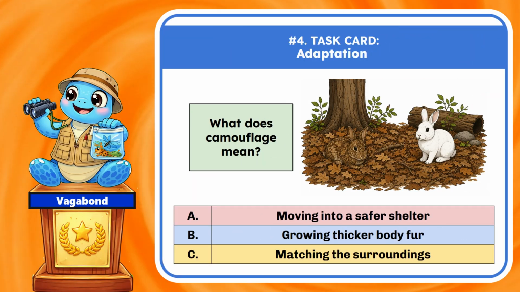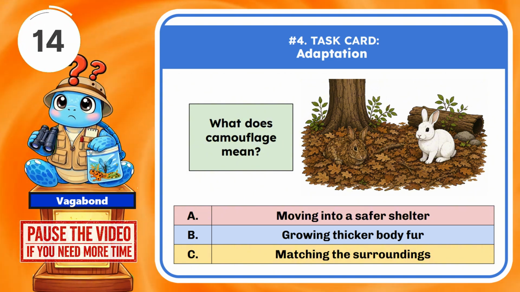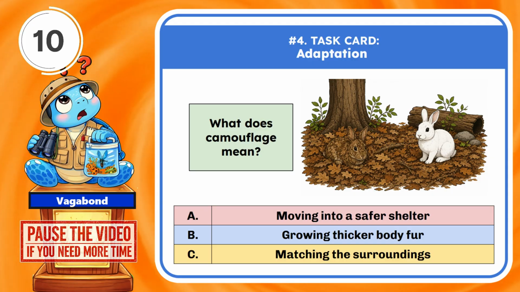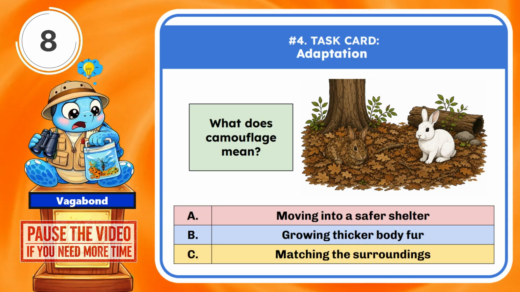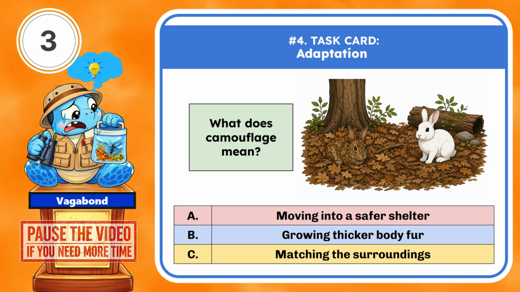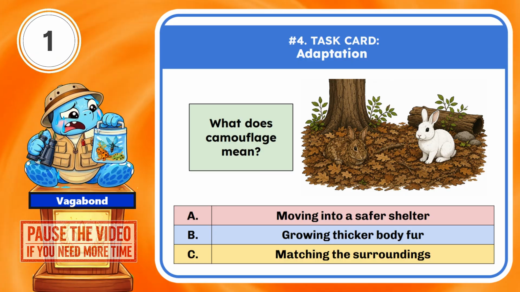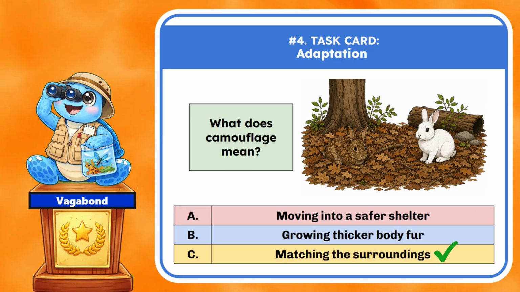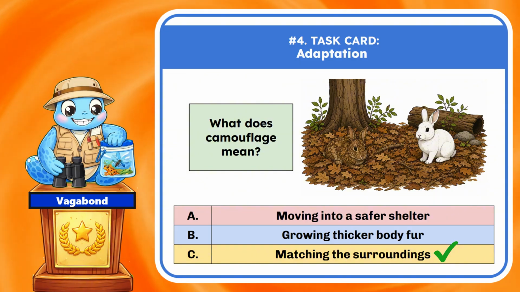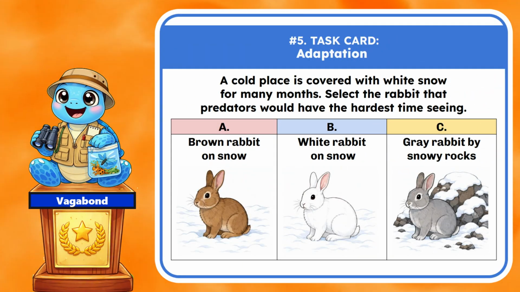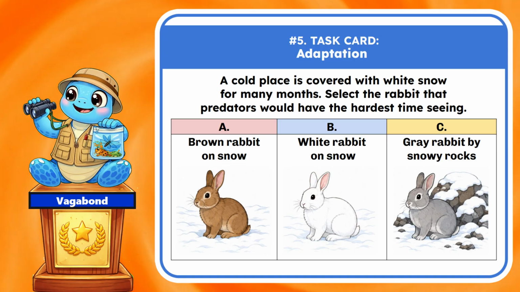What does camouflage mean? And the correct answer is letter C, matching the surroundings. A cold place is covered with white snow for many months.